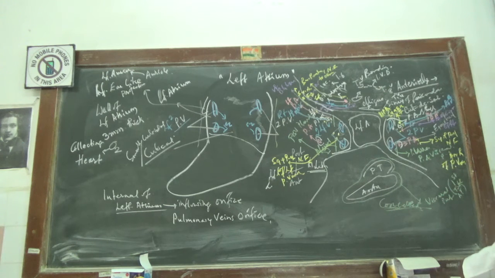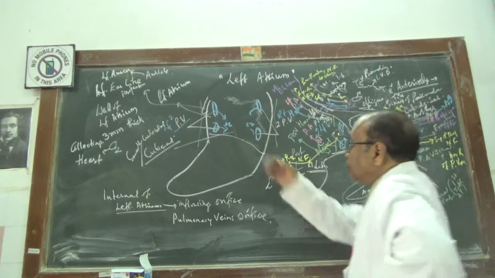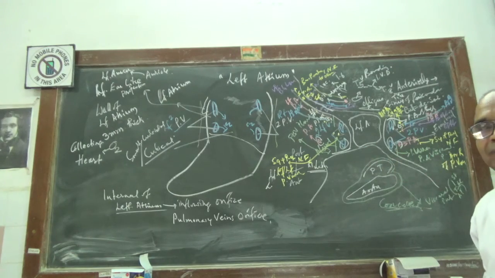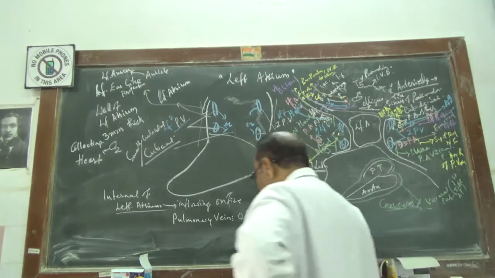Now these two pulmonary veins are carrying the oxygenated blood from the pulmonary circulation into the left atrium. These two pulmonary veins are exiting from the roots of the respective lungs.